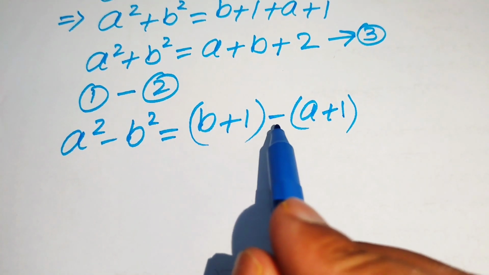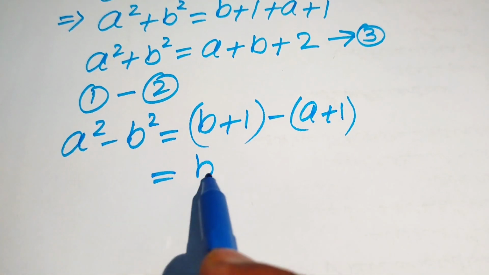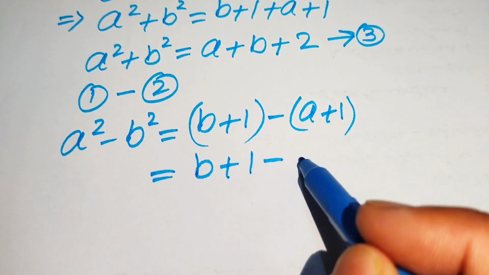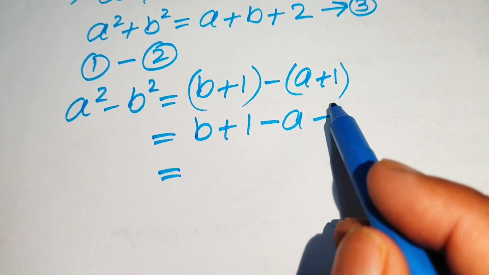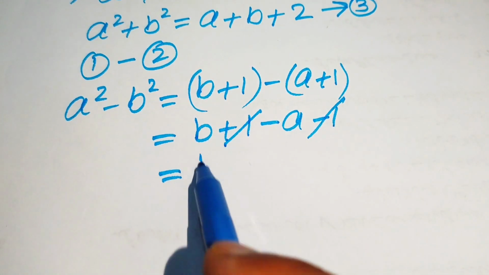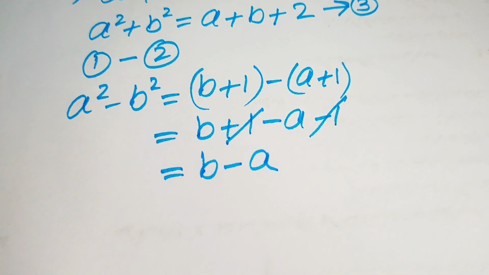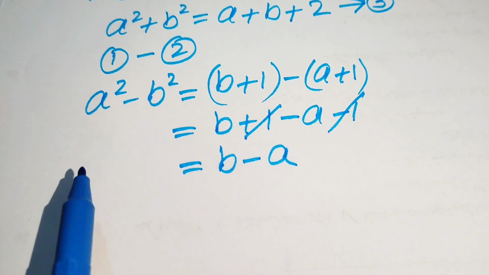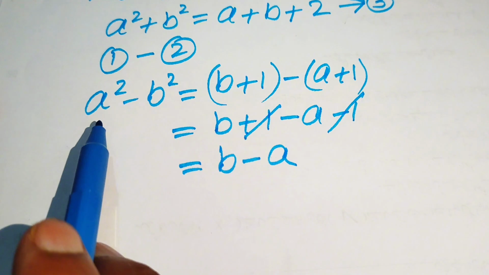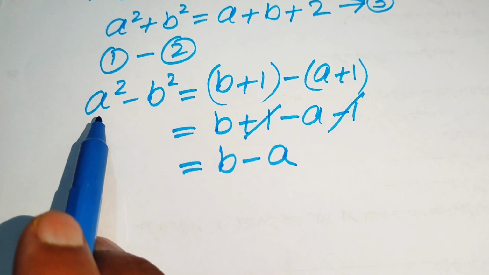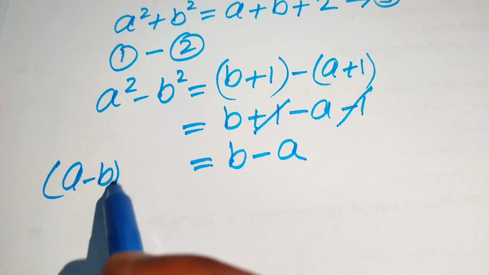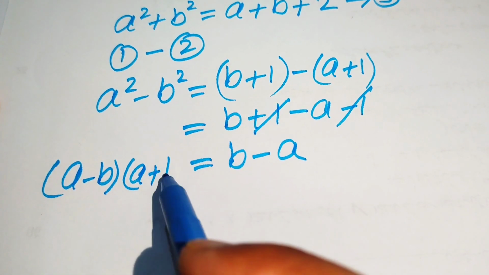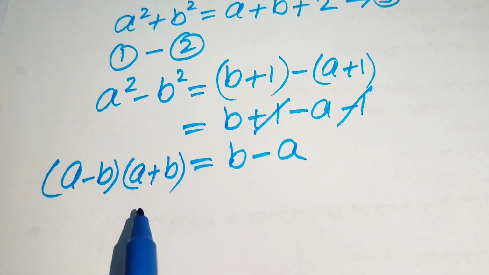Here we need to multiply this minus sign on each of these terms, and we get b + 1 − a − 1, where the negative and positive are gone, and we get b − a. On the left-hand side we have a nice square identity, a² − b² equals (a − b) times (a + b). So this is our nice identity.